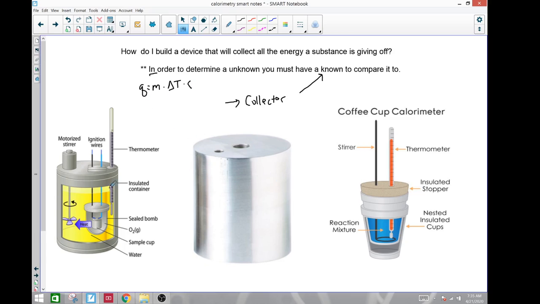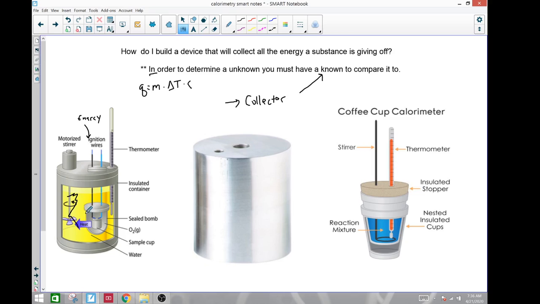Now we have a more complicated idea here where we may burn something inside here and it gives off energy, and this is my known collector around here. Of course, if you're adding in energy, you'd have to subtract that amount of energy off.